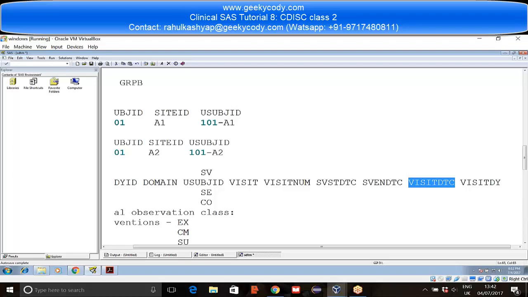They'll give another date: today the ECG machine is not working, please come tomorrow. Then tomorrow will be the subject visit start date.